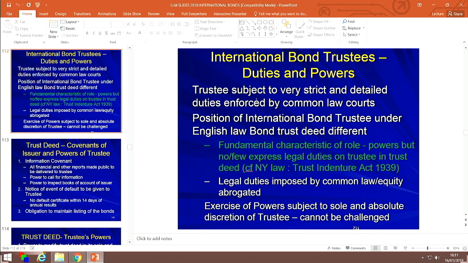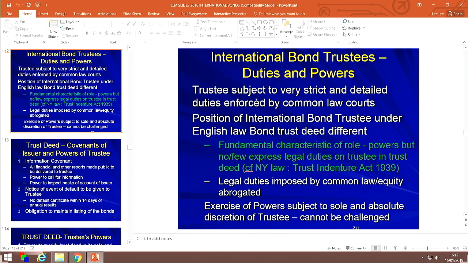Now, that's not the case with New York law-controlled trust indentures. If the Trust Indenture Act applies, and a trustee must comply with the applicable regulations of the Trust Indenture Act 1939 in the US, that contains a whole range of duties, which are essentially a mirror of the old common law duties in relation to trustees, but they are codified in the Trust Indenture Act of 1939.